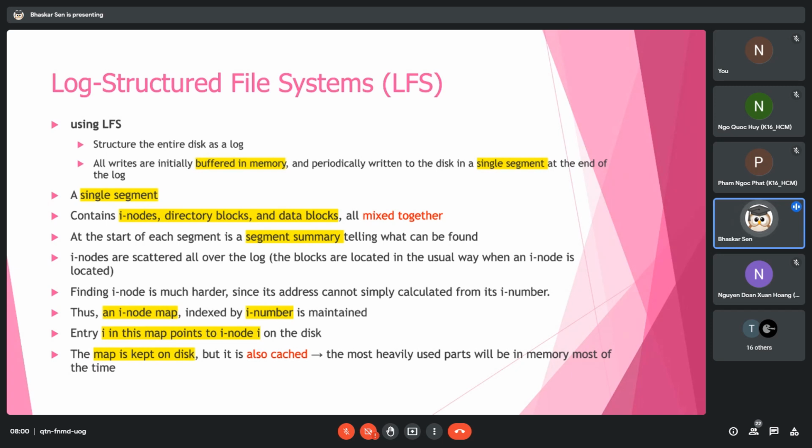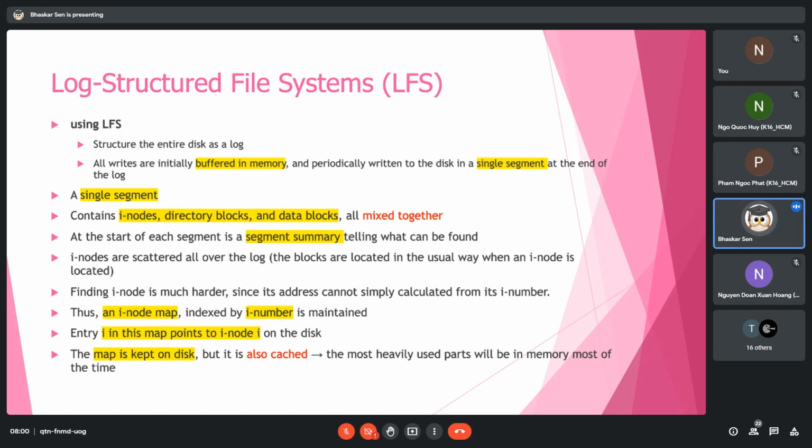So what we did, we introduced an inode map indexed by I numbers. Okay? And entry I in this map will point to the inode on the disk, and the map is kept on the disk, is also cached, and most heavily used parts will be in memory most of the time, so you can quickly access it. This is an access pattern.